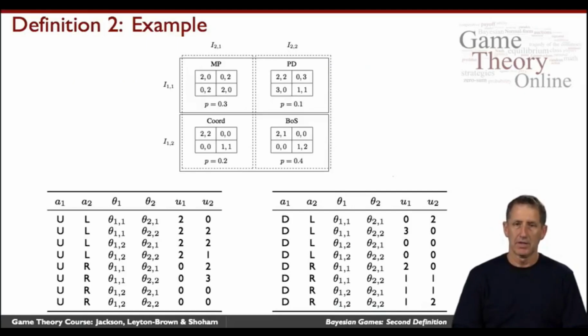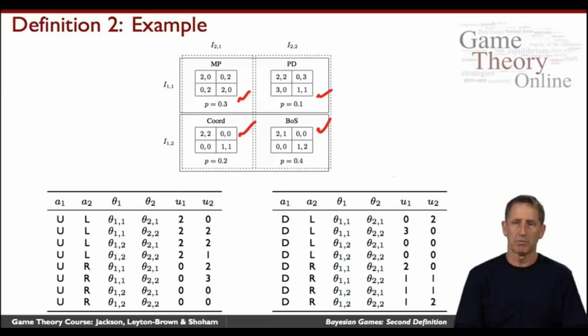Consider this game that we saw when we discussed the first definition of Bayesian games. Again, we had four possible games being played, chosen at random by nature according to this prior, and we had the private signals, the information sets that the agents found themselves in.